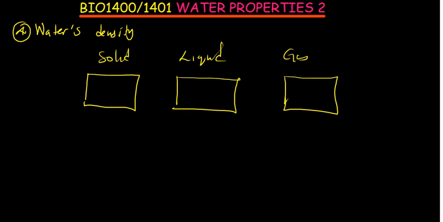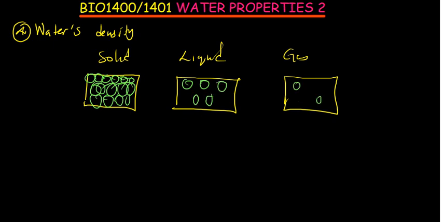Where are particles more closely packed and densest? Okay. From what we know, solids have particles more closely packed. And then in liquids, particles are less closely packed. And then in gases, they are sparsely packed.